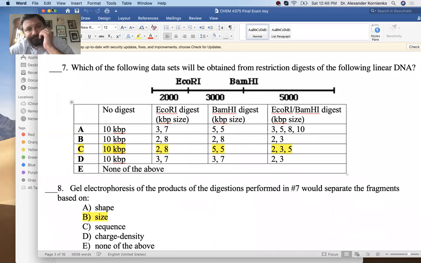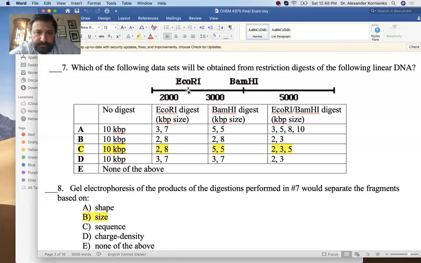So these are various restriction endonucleases, right? So there are two of them. A fragment of DNA is going to be cleaved, and I think it's pretty much straightforward, right?